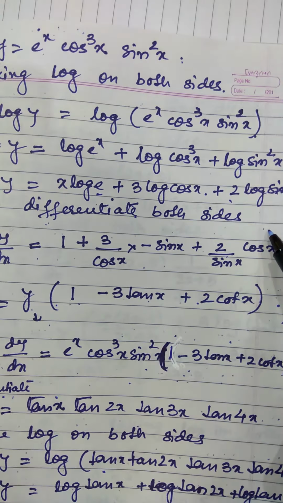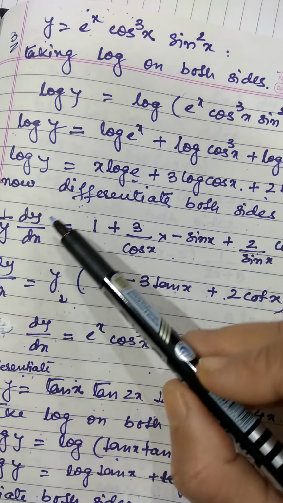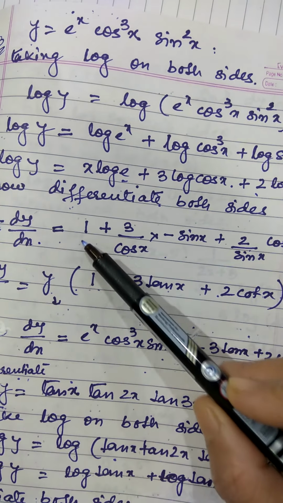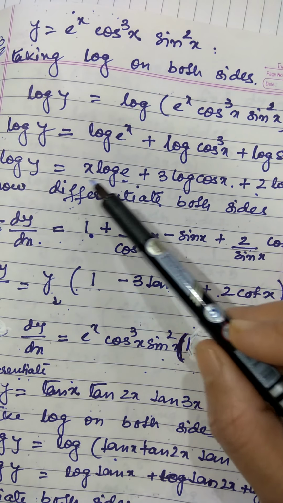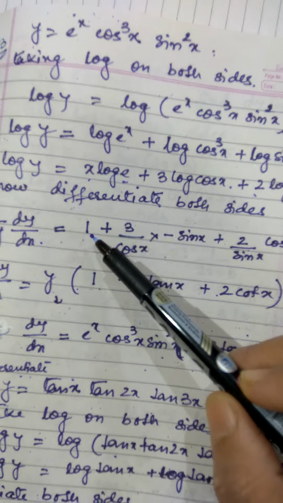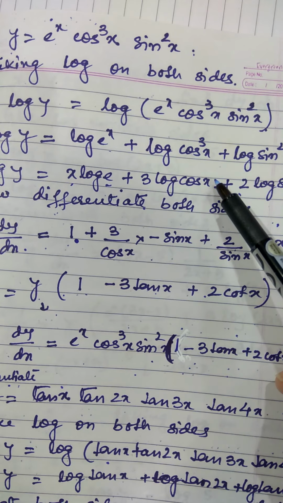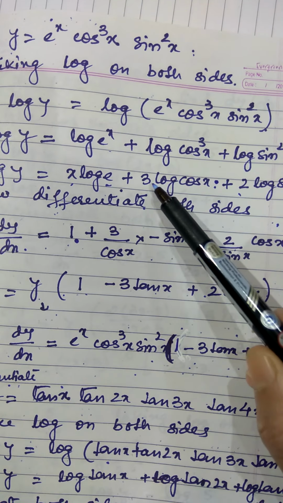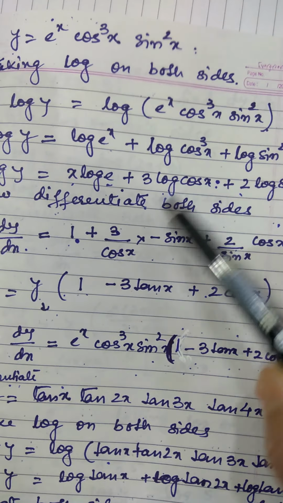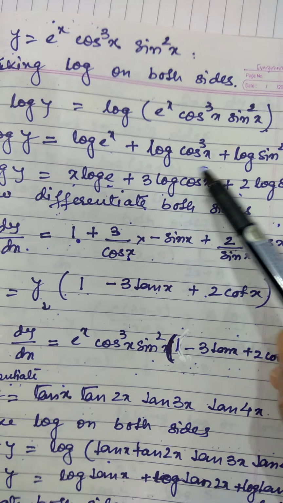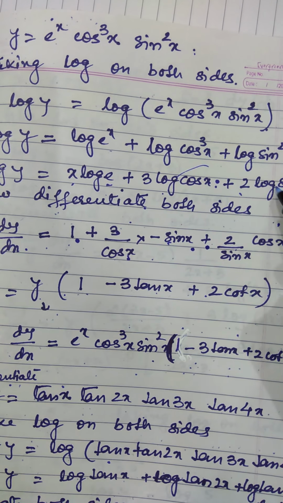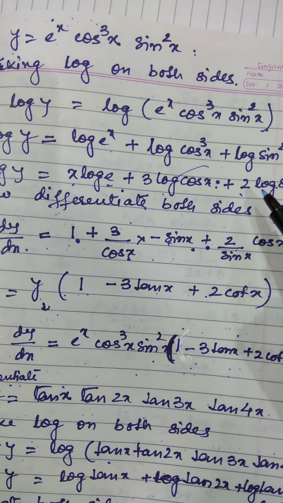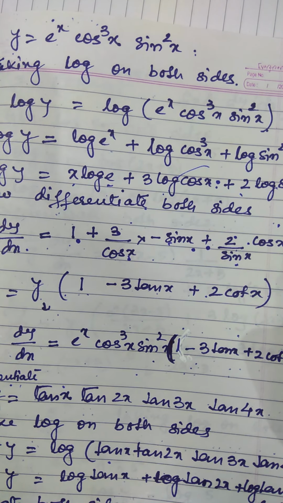Now differentiate both sides. This is 1 upon y dy by dx equals 1, since this is x and its derivative is 1. This is 3 log cos x, so 3 is constant. Derivative of log cos x is 1 upon cos x, and derivative of cos x is minus sin x. Plus 2 log sin x, so 2 is constant, derivative of log sin x is 1 upon sin x into cos x.